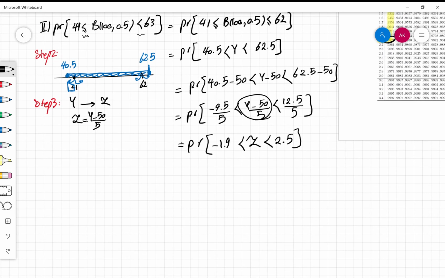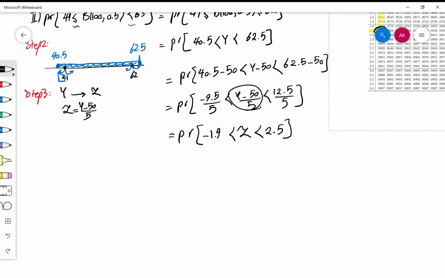Very nice. Now we have Z, and then the last step, step 4, is to use the properties of Z and the table to evaluate. So we write first the probability of Z less than 2.5 minus the probability of Z less than the smaller value.